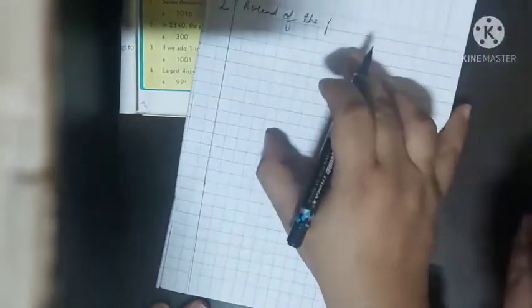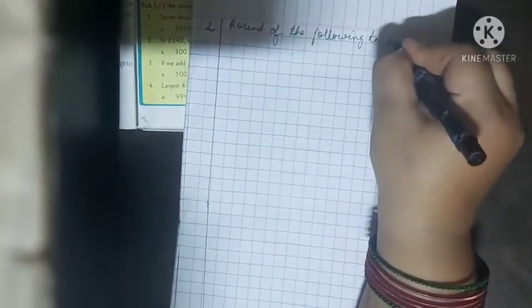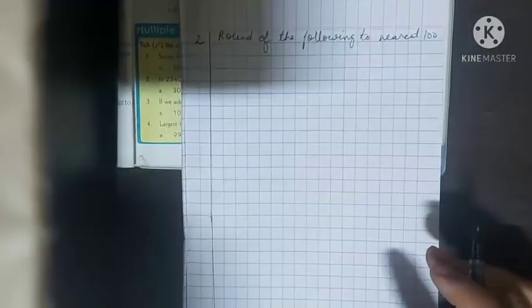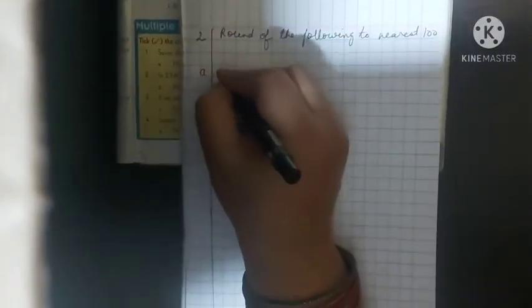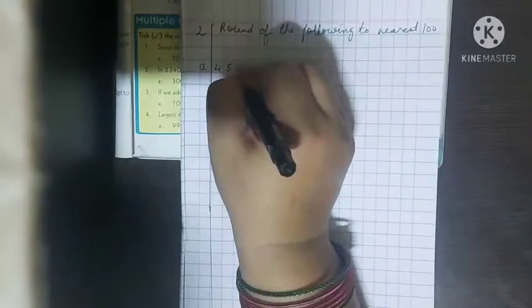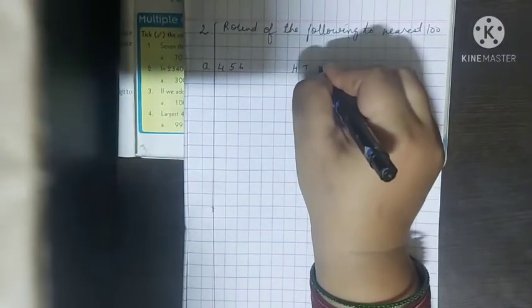Second question is: round off the following to nearest 100. This is the second question. Round off the following to nearest 100. The first is 456. Again you will arrange it in the hundreds, tens and ones columns.